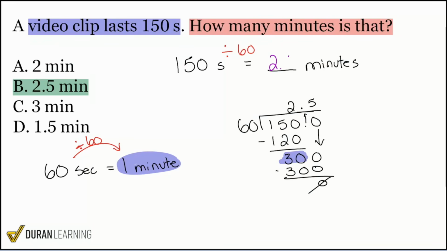That's right, Jalen. That's going to be half. So when we think about it, when we have 2 minutes and then 30 seconds left over, we can absolutely think about that as 2.5 minutes. So I just wanted to throw that out there before I conclude this solution.